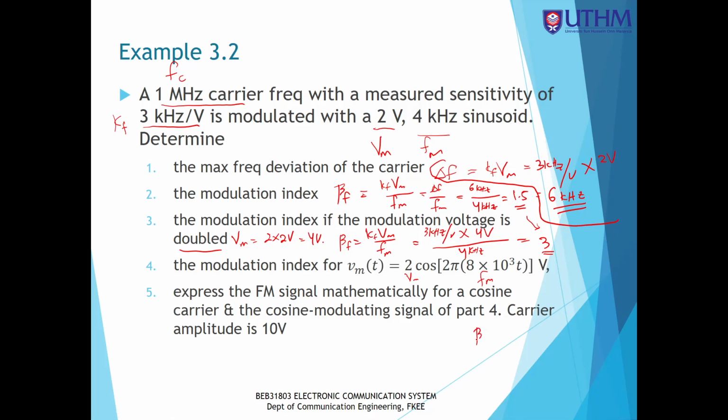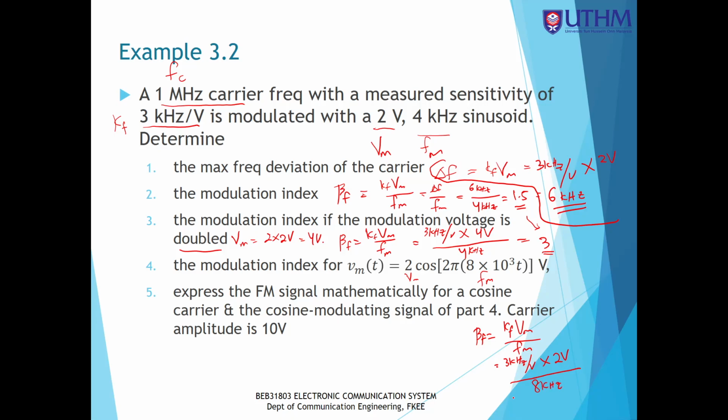So beta f is equal to kf Vm over Fm. So this is equal to, kf is 3 kilohertz per volt multiplied with Vm, which is 2 volt, divided by 8 kilohertz.